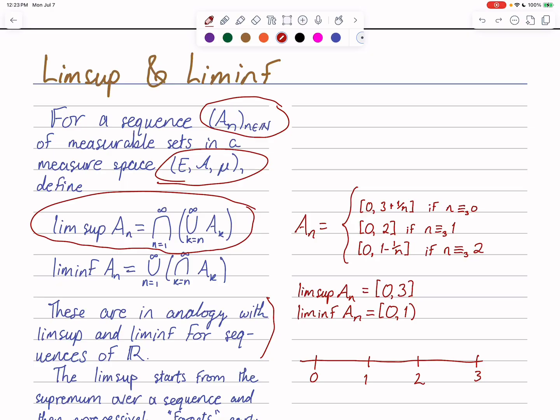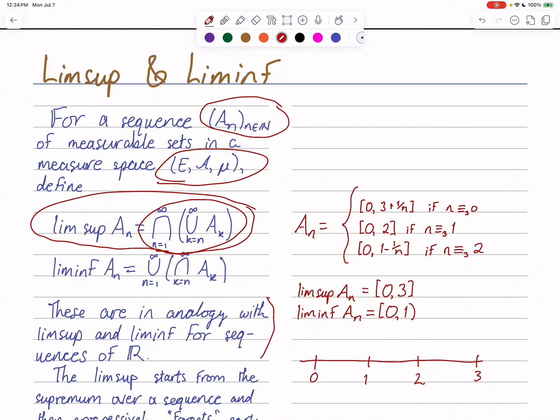Now set n equal to 2, and so we're taking the union over everything from 2 and after, so that's like taking the sup of everything from 2 and after, and then we're intersecting those together, which effectively just means that if anything was in the first set that's also in the second set, well, fine, we keep it, but if anything was in the first set but not the second, then we throw it away.